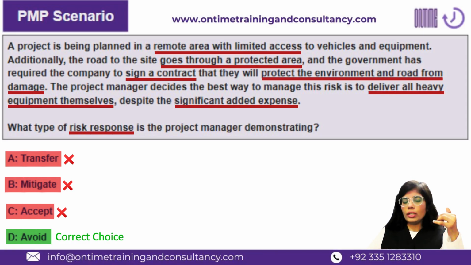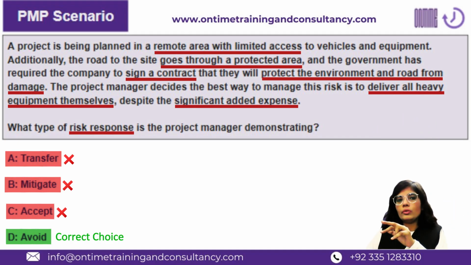No, you are actually trying everything out to not let that compliance or regulatory situation occur. This is clearly not accept. This is the opposite of accept, which is avoid. Right? So in accept, you let the probability of risk be 100%, and then you take the action. In avoid, you let the probability of risk be 0%, and you make sure that the risk does not impact the project even to a fraction of it.